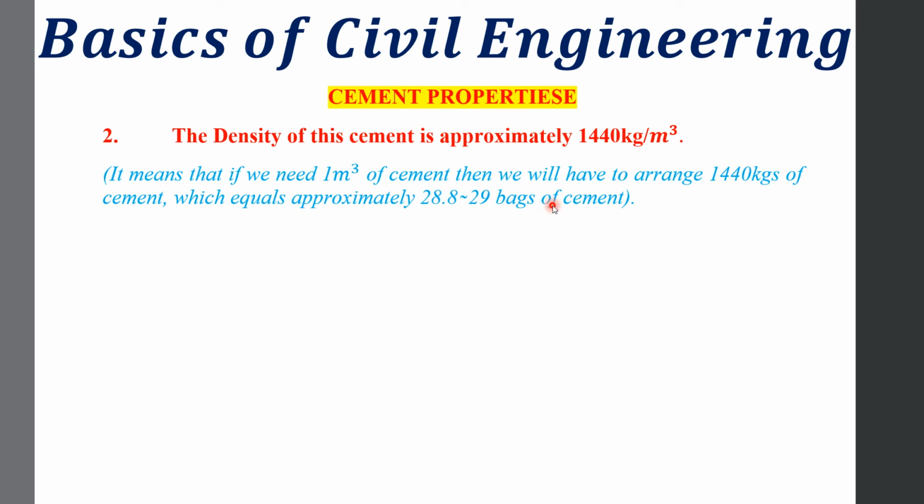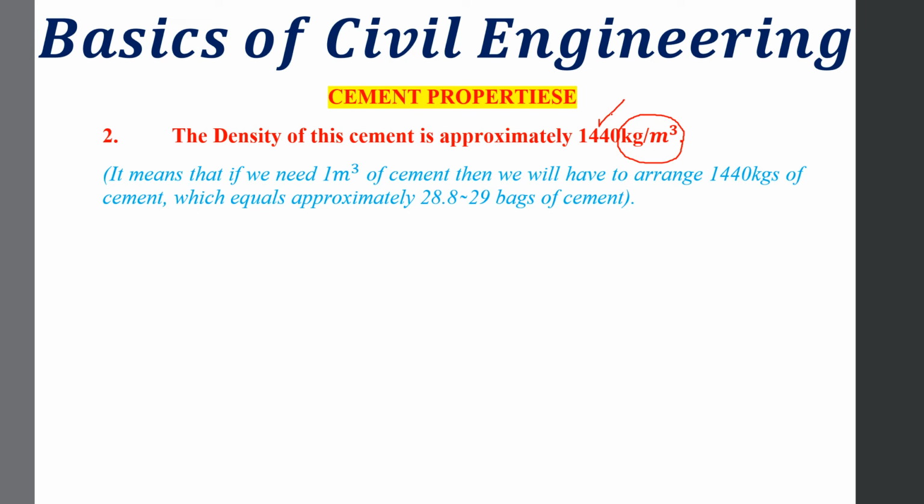So be clear about the density of the cement in kg per meter cube, the density of cement is this one, 1440 kg. This is not in lb per foot cube or kg per foot cube.